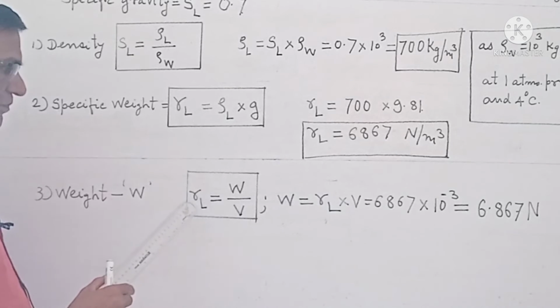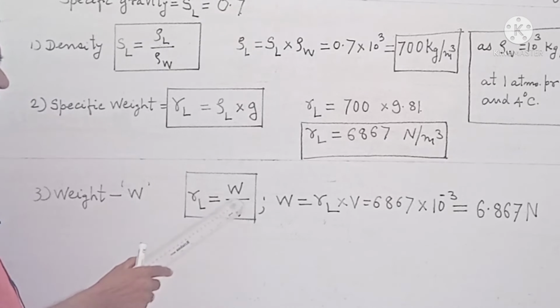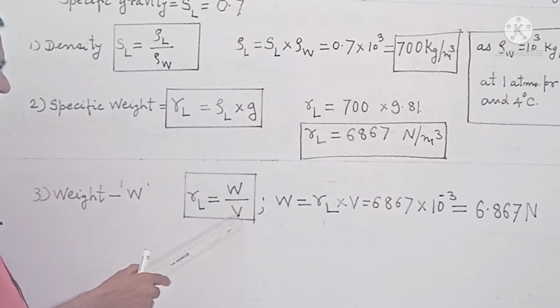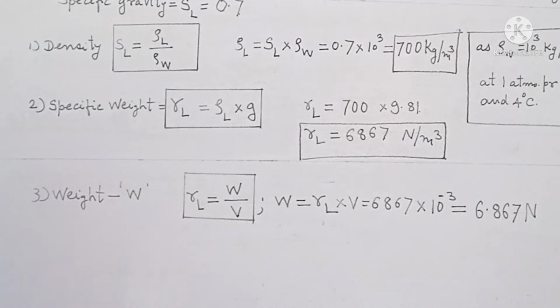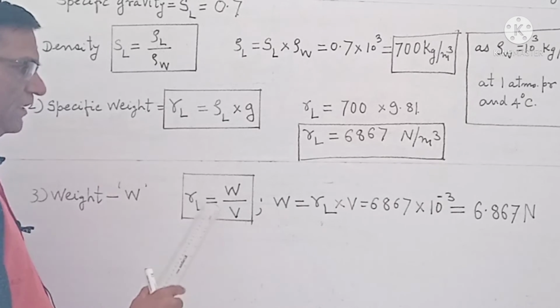Third, we have to calculate the weight W. From the formula, the specific weight is equal to W upon volume, that is weight per unit volume. That is the definition. So from this we will calculate the weight of the liquid.